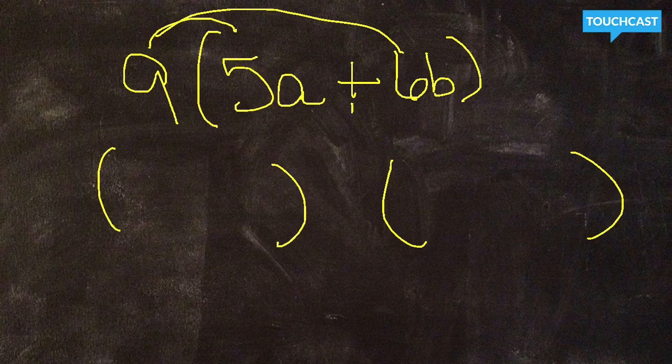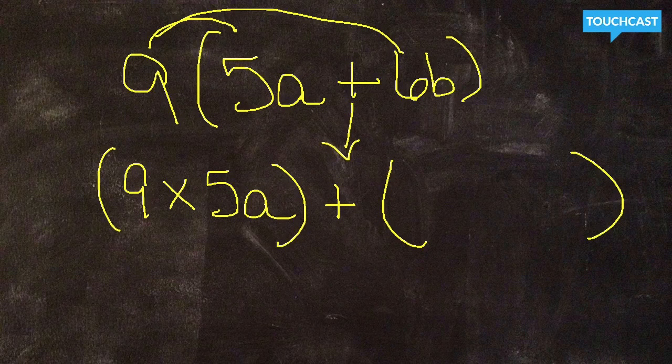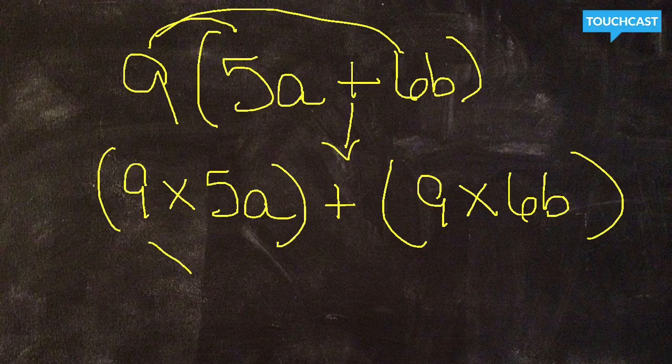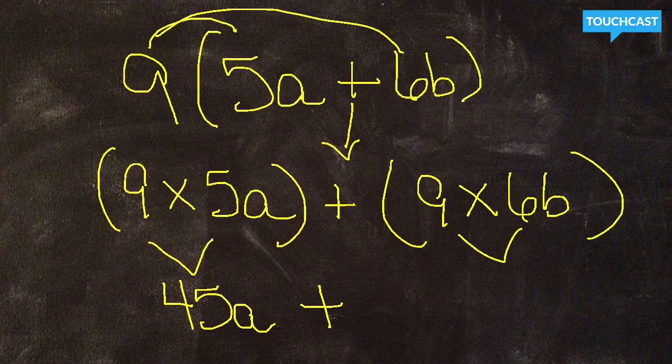You write your two parentheses, the plus sign comes down, 9 times 5a plus 9 times 6b. It's as simple as that. In this case, the farthest you can go with simplifying is 9 times 5 is 45. Keep your a, it travels with the 5, and then 9 times 6b would be 54b.